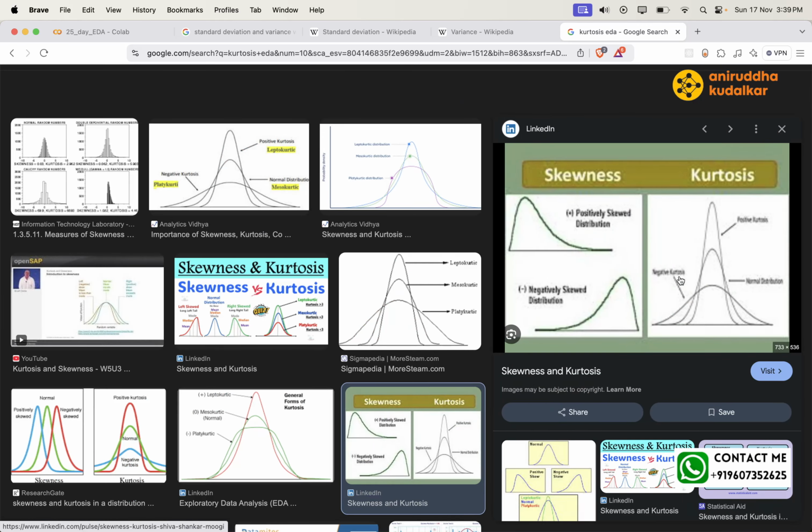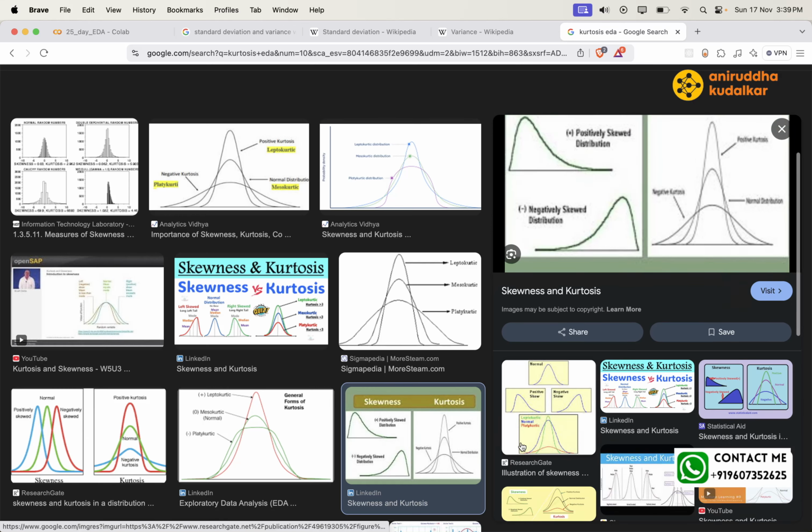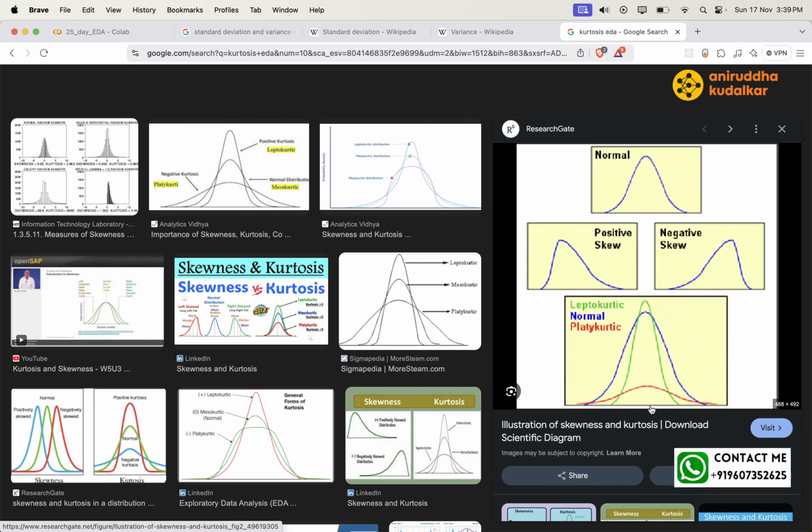If you have seen this kind of diagram, this is the kurtosis. What does kurtosis say? It evaluates the peak of the data distribution compared to the normal distribution.